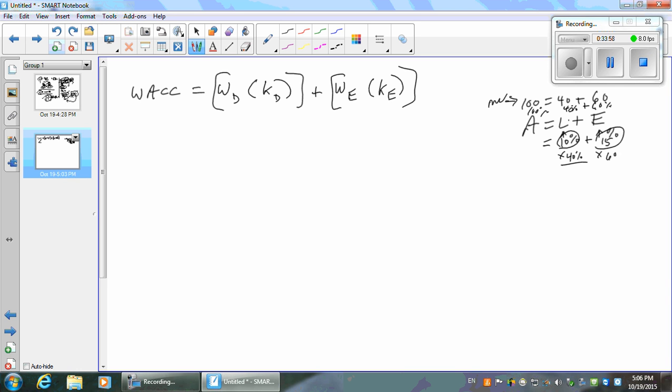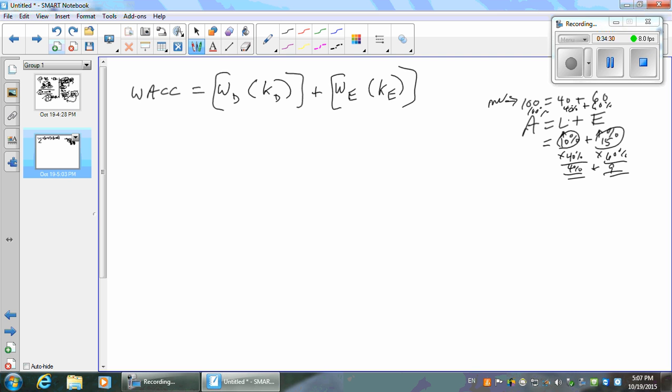So if 60% is equity, what would be my weighted average cost of capital? If the debt costs me 10% and the equity costs me 15%. Got the idea? 40% of my assets are financed with debt, and 60% is financed with equity. Well, this is going to be 4%, which means nothing. It's just the weights. The weight of the debt times the cost of the debt, plus, what's this one going to be? 9%? 60% of 15?